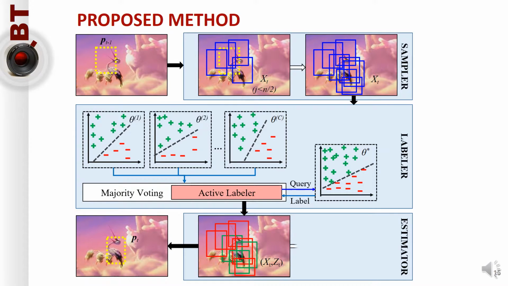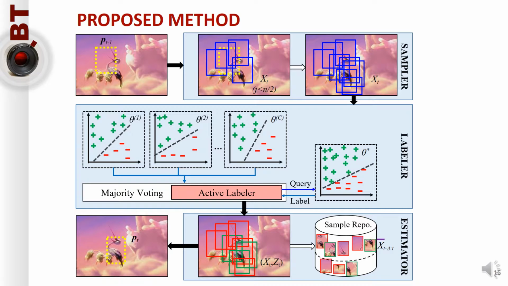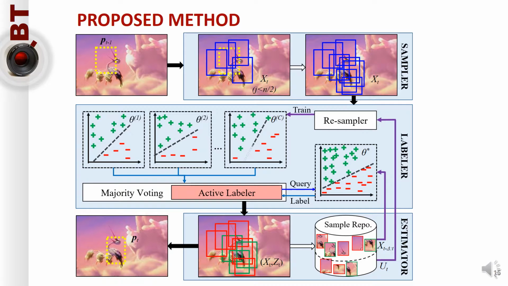Having the label of all samples, we can estimate the next target location. On the other hand, we send all the samples to the sample repository. The sample repository contains two groups: the disputed labels and the undisputed labels.